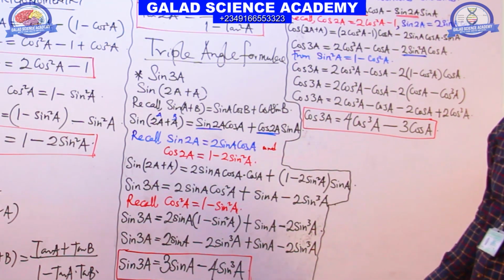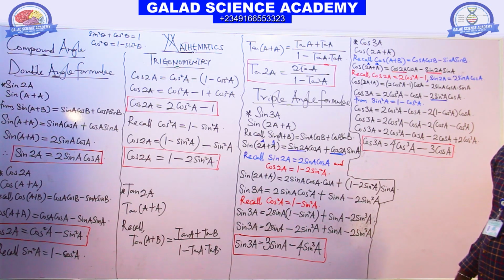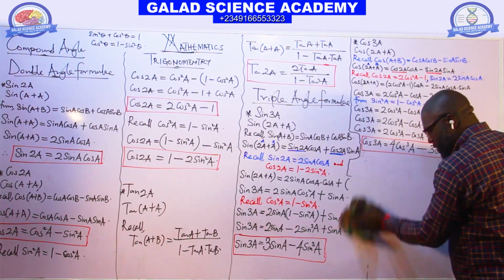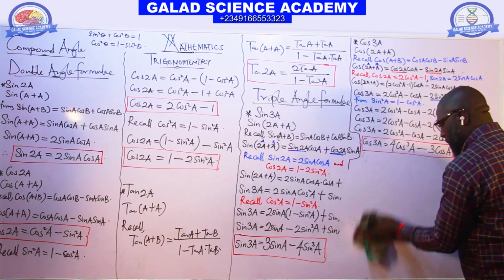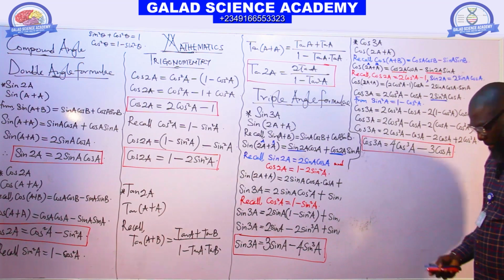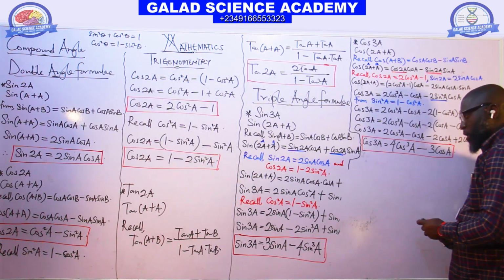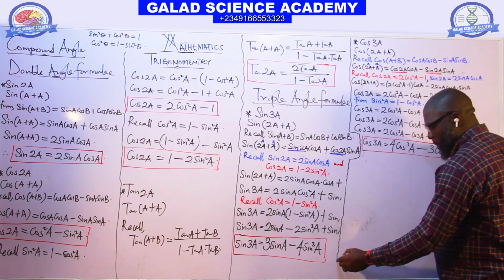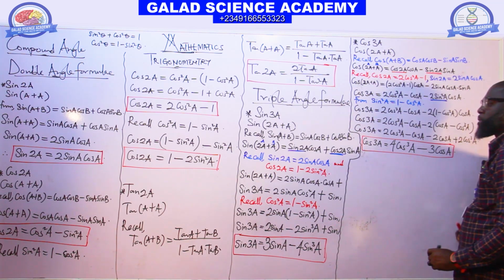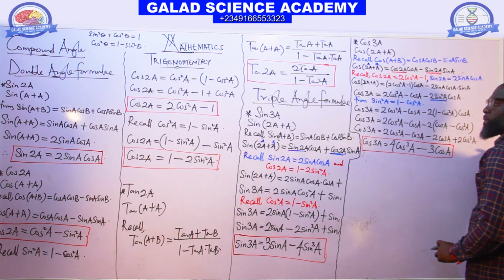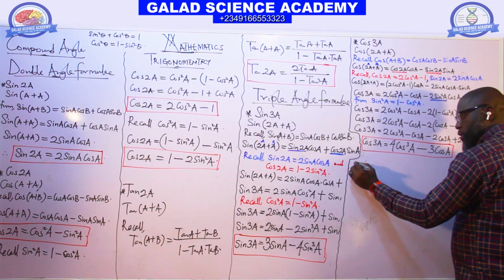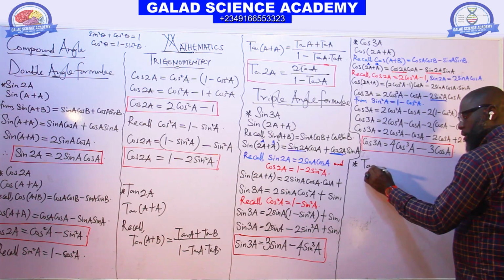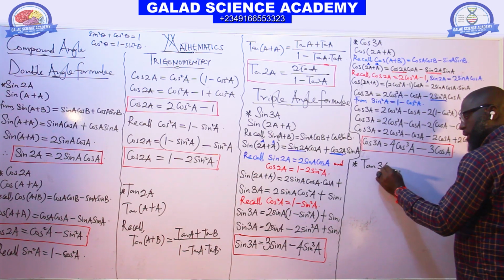Let me rub this side. So we have what? For tan 3A.